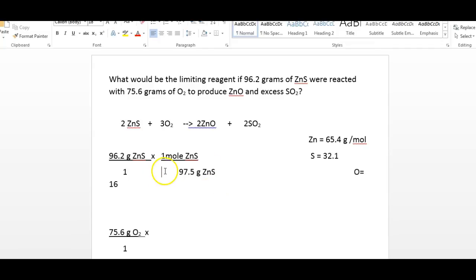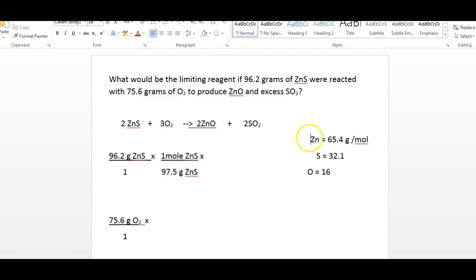Okay, so we've got that. Now the grams cancel, we've got moles, and then we just need to use the molar conversion from the equation itself, the chemical reaction.